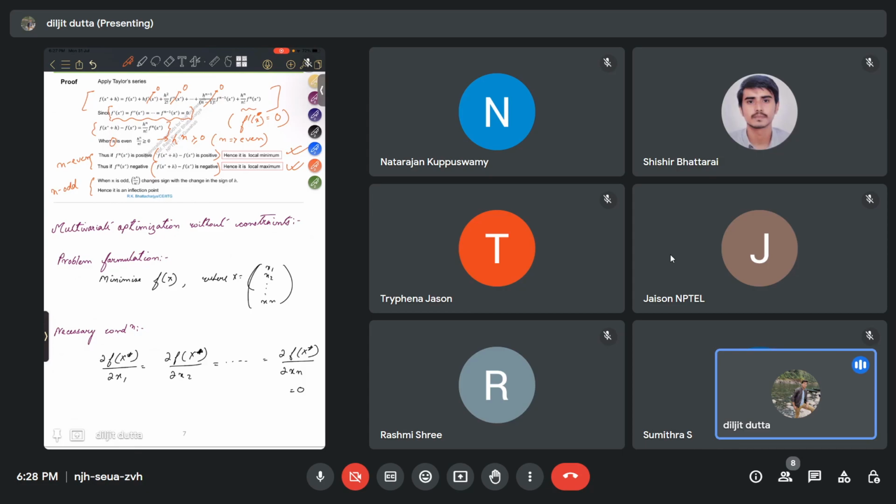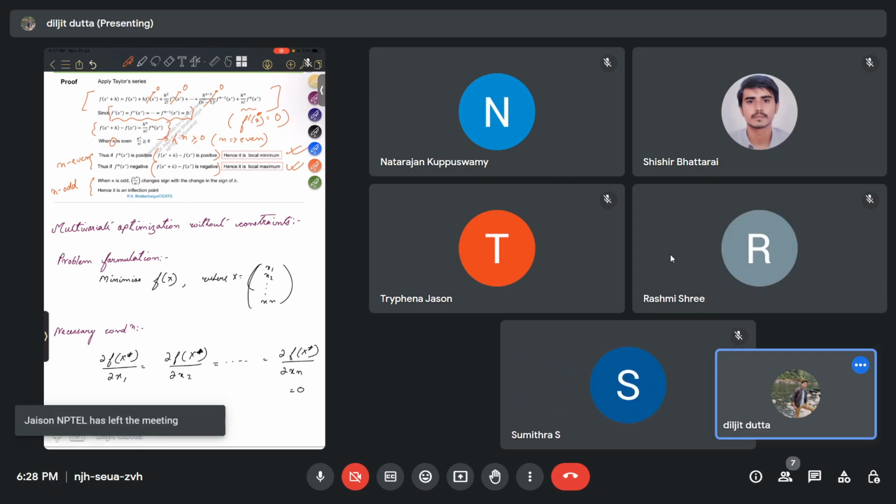So this was all about single variable optimization. Now we will see how we can get to multivariate optimization. In multivariate optimization, the problem formulation will be in terms of partial derivatives.